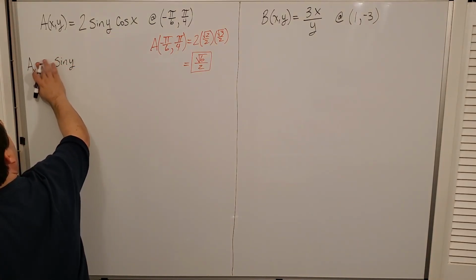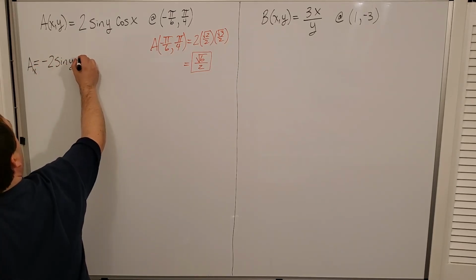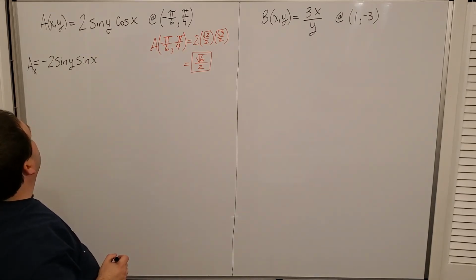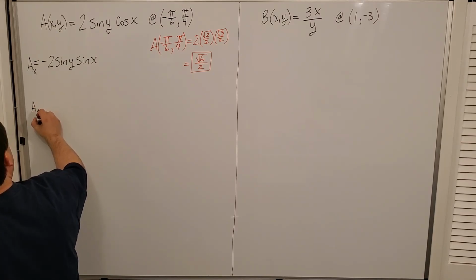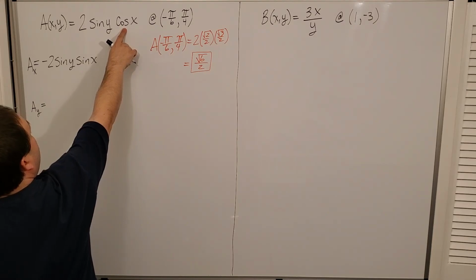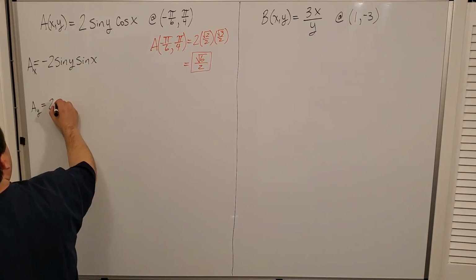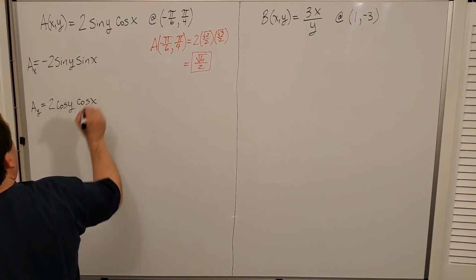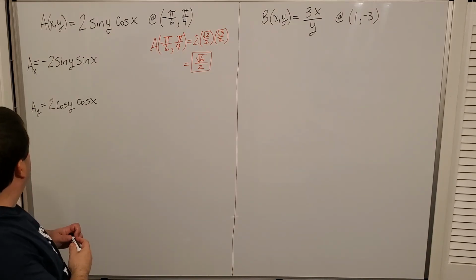So it equals negative 2 sine y sine x. Then my partial with respect to y, same idea: the 2 and the cosine x are along for the ride, and the derivative of sine y is cosine y. So I've got my derivative, 2 cosine y cosine x.